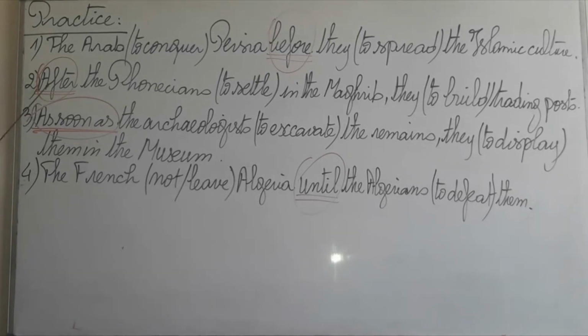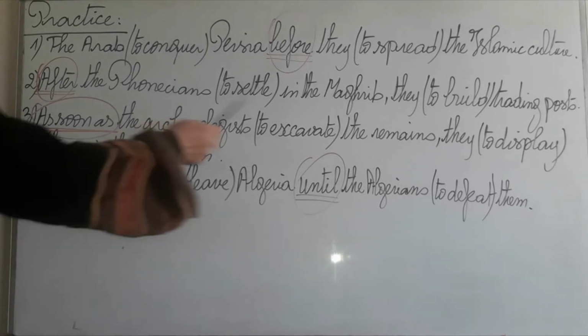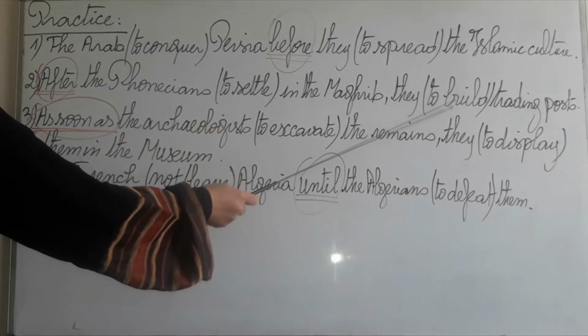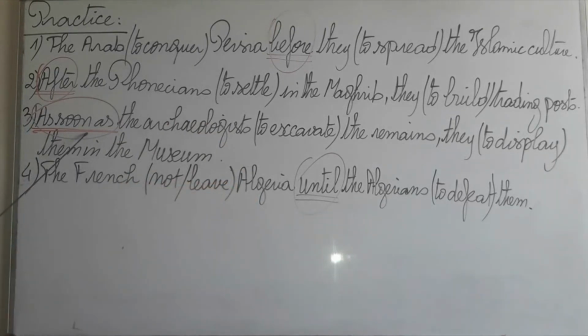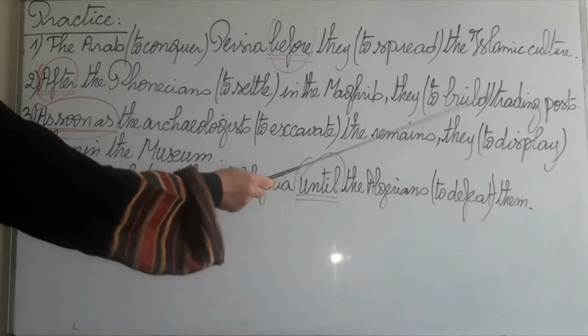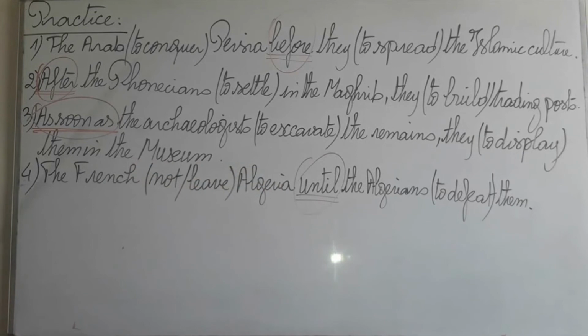So, when we said that after is in the beginning of the sentence, the first verb comes in the past perfect, then the second verb comes in the past simple, remember the rule. As soon as has the same function as after. So, first verb comes in, you know it. A second one, you're going to do it.